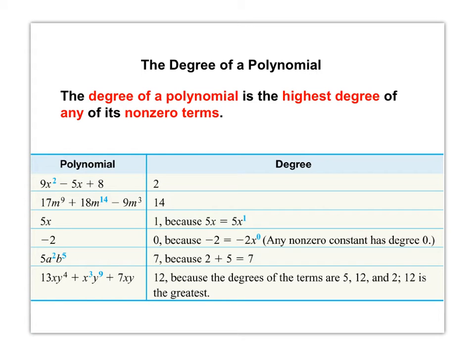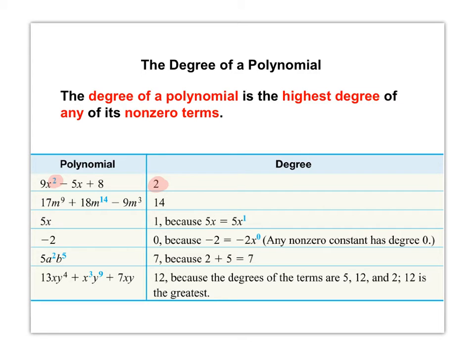The degree of a polynomial is the highest degree of any of its non-zero terms. So let's look at the first polynomial example, 9x squared minus 5x plus 8. The highest degree of any of its terms is 2, so the degree is 2.